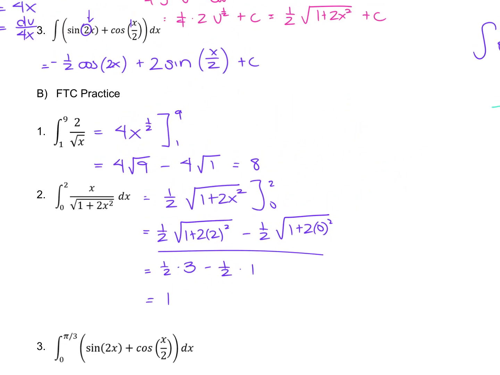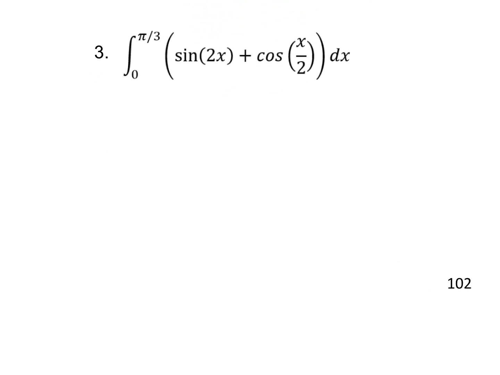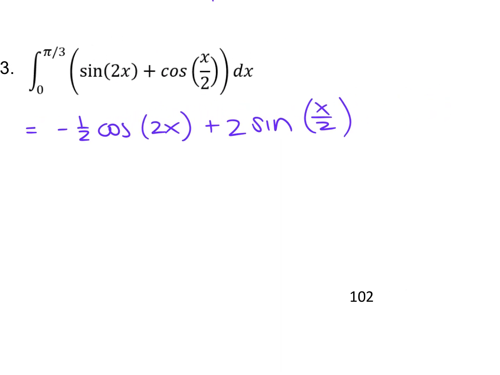So then same thing for number 3, but this is reviewing our trig. We already integrated number 3, and we said this integrates to negative 1/2 cosine of 2x plus 2 times sine of x over 2. And we're evaluating this now from 0 to pi over 3. So take a minute and review your trig and plugging that in.